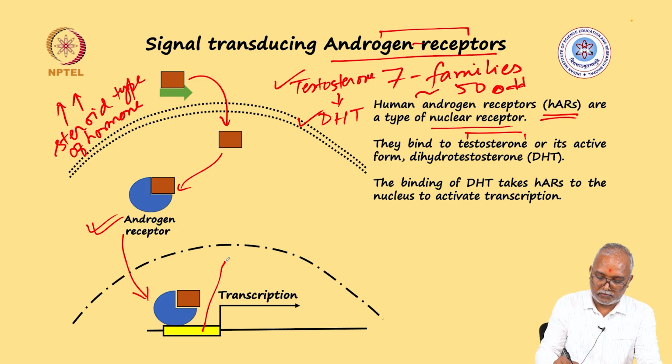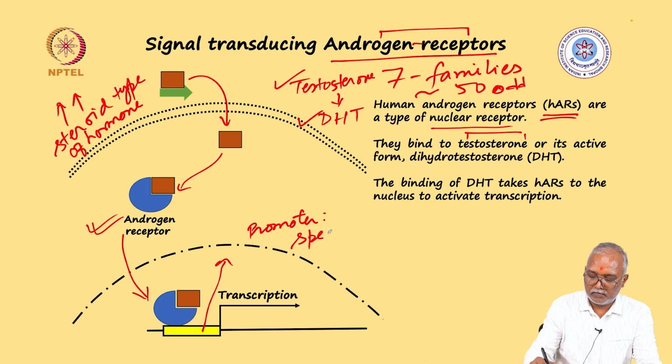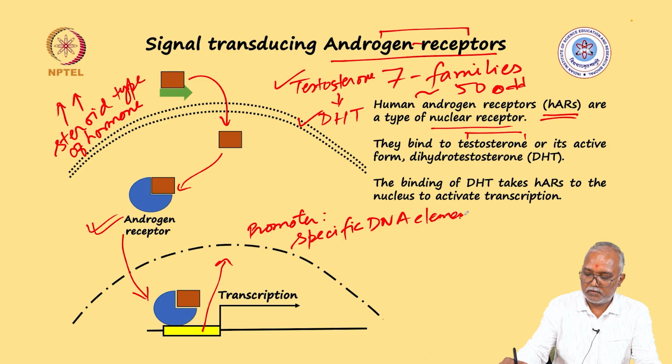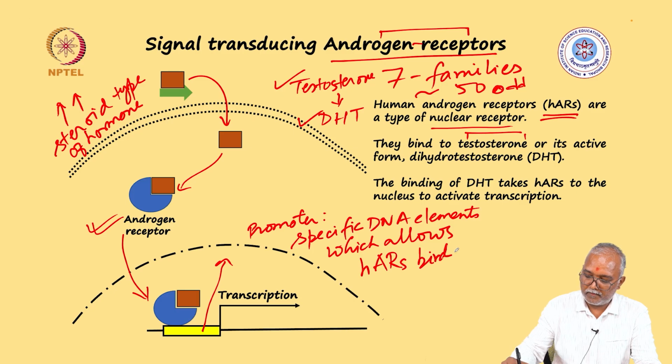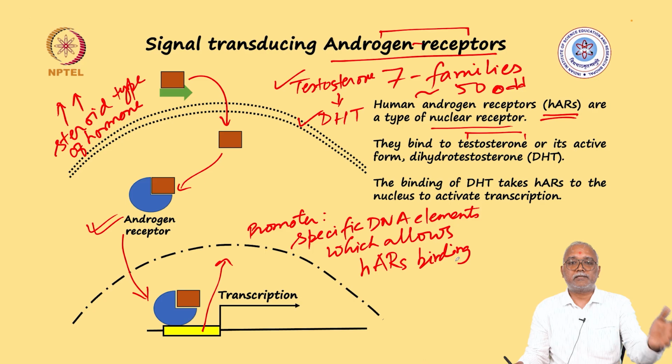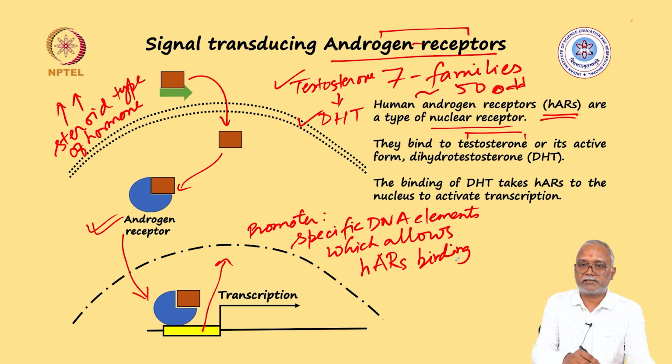Here also this promoter region has specific DNA elements which allow this human androgen receptor's binding. It is needless to mention that all these receptors which we are talking about will also have some specific domain arrangement: one domain which allows the binding of the ligand, another domain which allows the transcription.